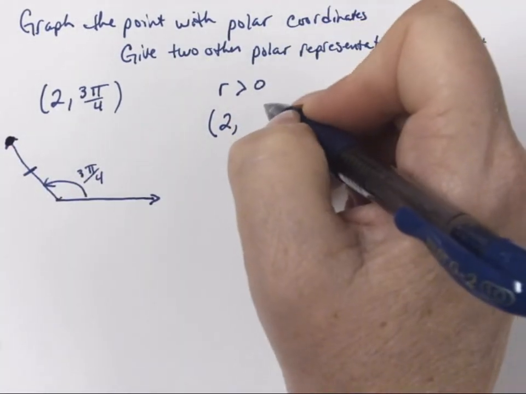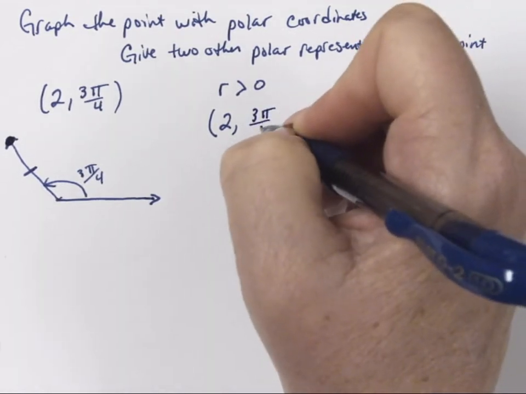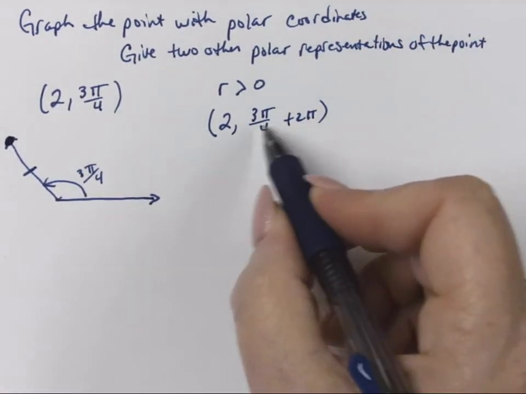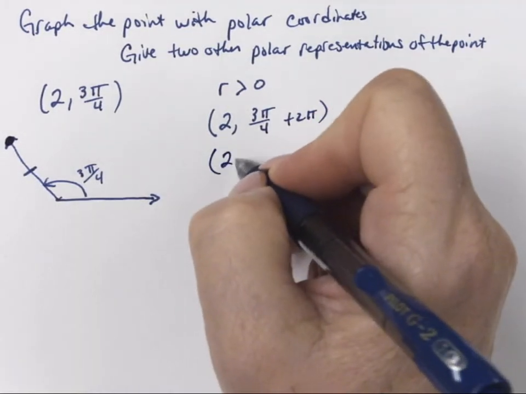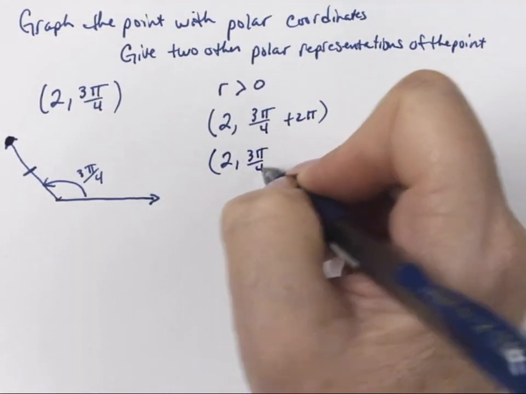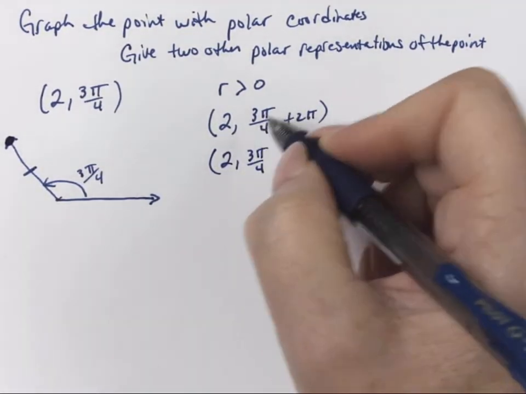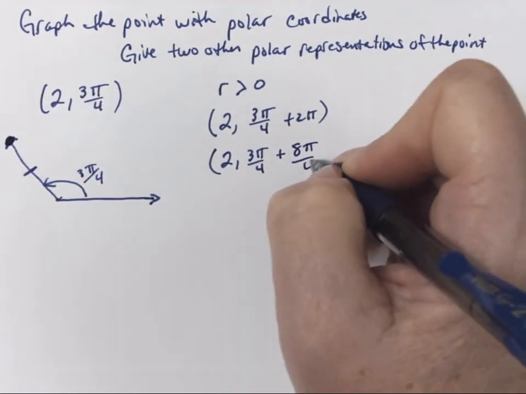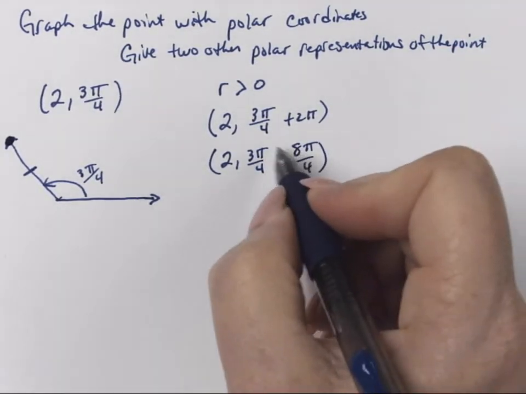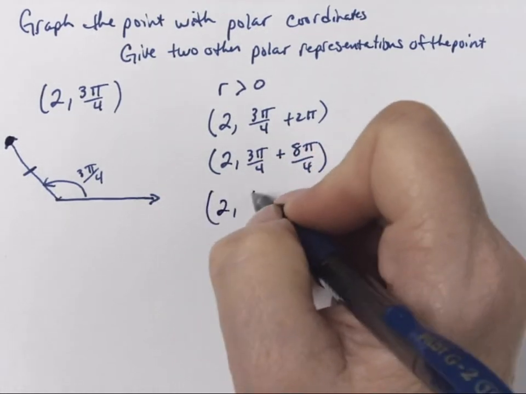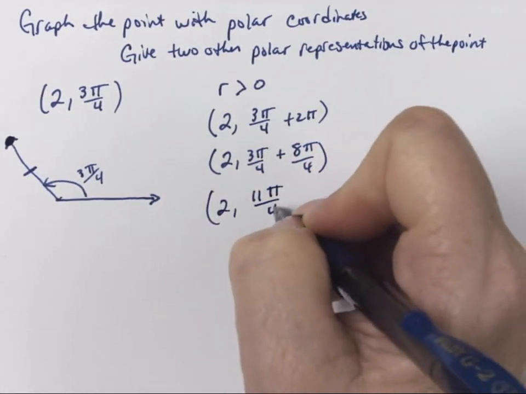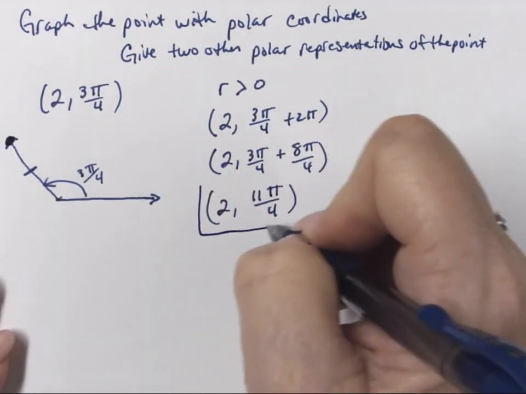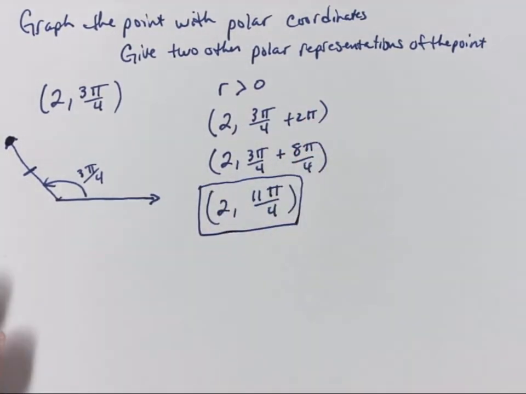So we're doing 3 pi over 4 plus 2 pi. We need to do a common denominator, so this would be 2 comma 3 pi over 4, and 2 pi with a common denominator would be 8 pi over 4. So 8 plus 3 is going to get us 11 pi over 4. So this would be the answer to a positive one.